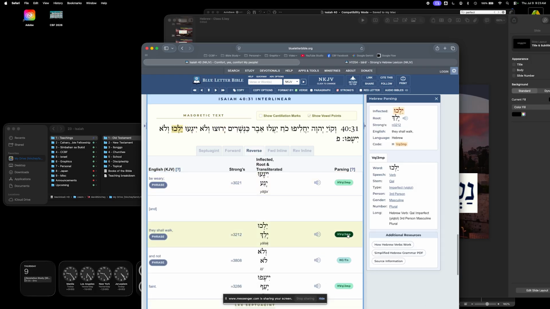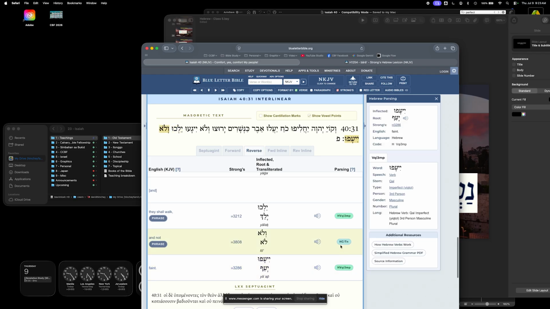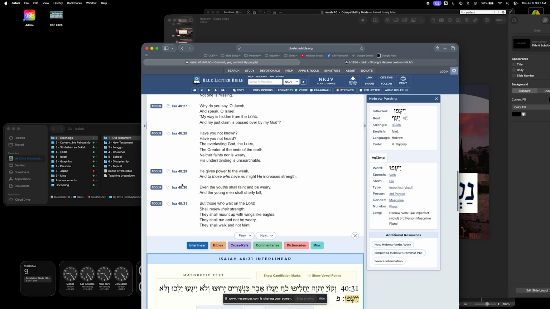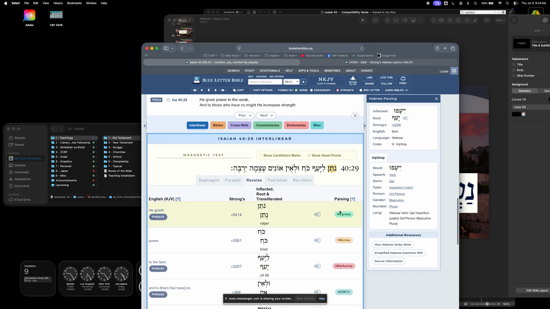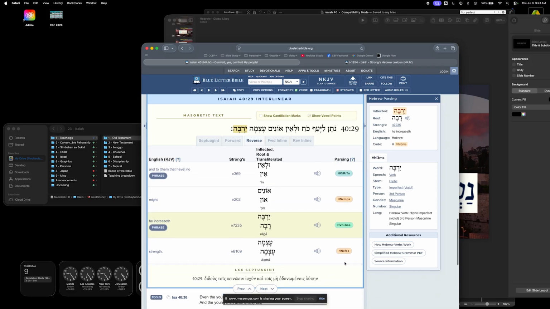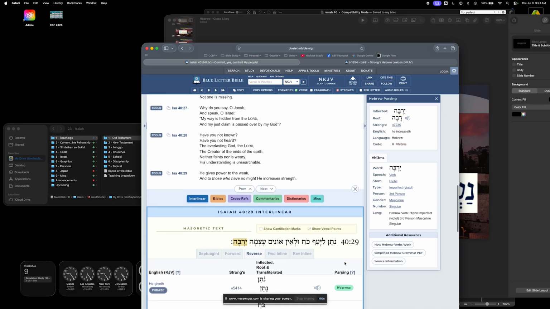No, these are all imperfects. And then walk and not be weary, those are all imperfects, all dealing with the future tense there. He gives power. Those are imperfects again. I want to see if I can find one for you. I have to hunt one down.